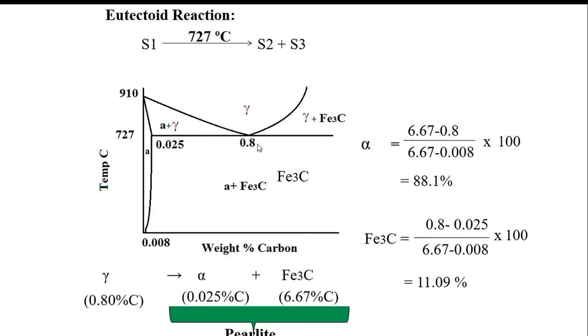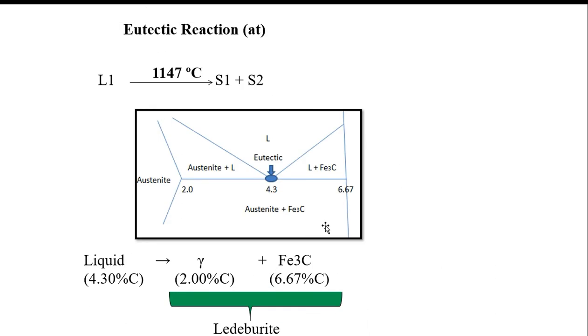Here you have 0.025 and this is 0.8, and the next level is 6.67. So you can evaluate both by 6.67 minus 0.8, that one from the total, and multiply by 100. That calculation you can do. Simply, the lever rule you can apply.